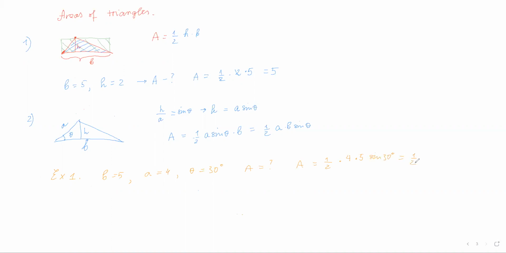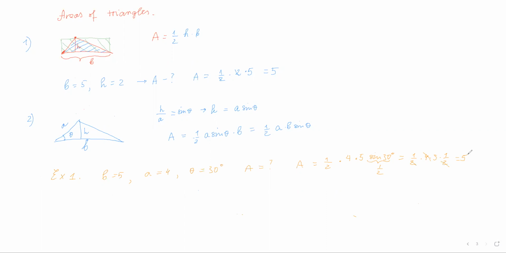So we have 1/2 from the formula, 4 by 5 by 1/2. This 1/2 is the sine of 30 degrees. This 1/2 comes from the formula. Well, in the denominator 2 and 2, which is 4, cancels with this 4, and we have 5 again.